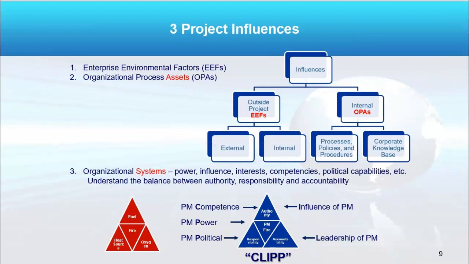And so you have 3 influences that the PMBOK guide likes to talk about: EEFs, OPAs, and organizational systems. Now in EEF, you can see on the left side, it comes in 2 forms, external and internal, and on the right side you have OPAs, which are processes, policies, and procedures, and corporate knowledge base. I've got 2 slides on those.